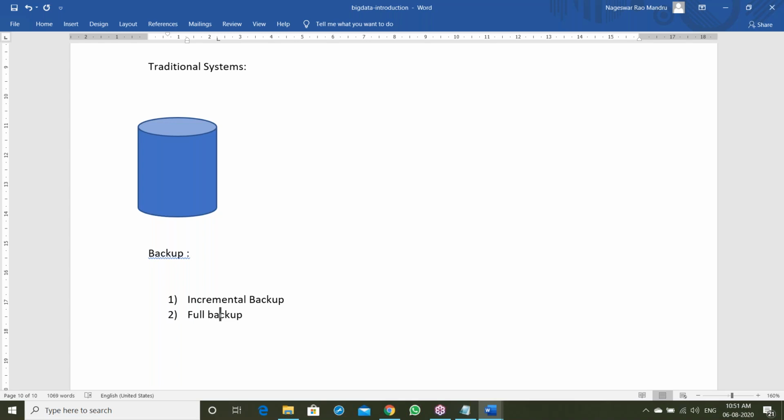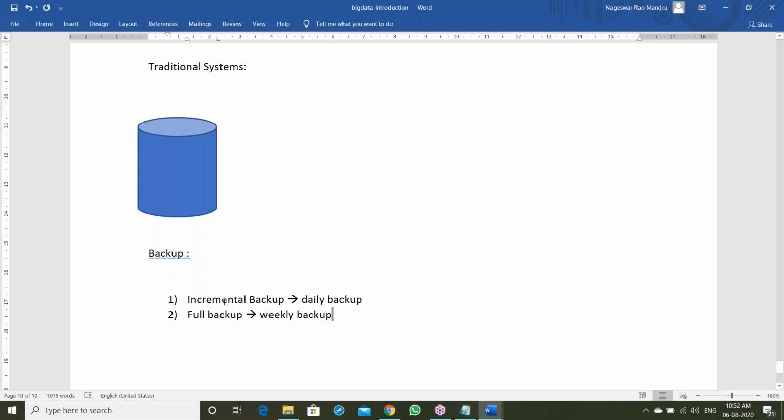Incremental backup is nothing but a daily backup. Full backup is a weekly backup, taken on weekends.